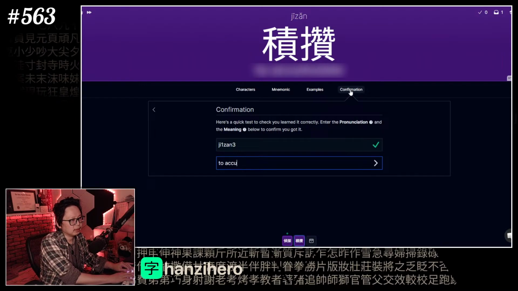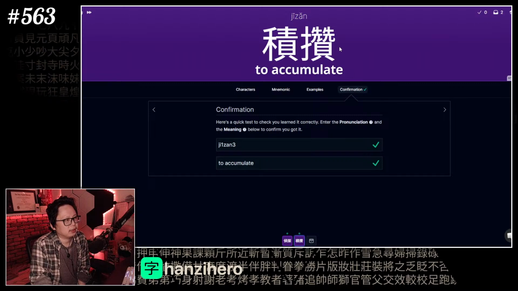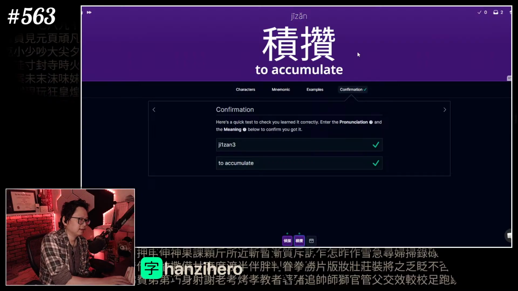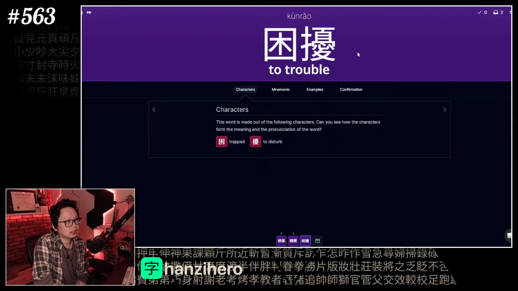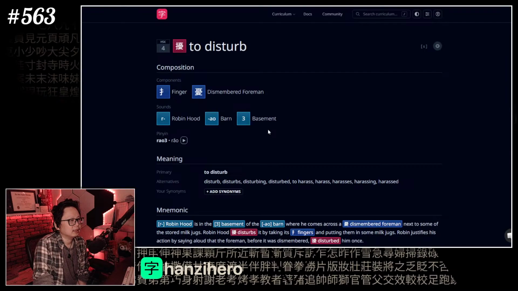积攒、 Usually the translation's fine. Like the characters themselves mean what they mean. Now it's more about knowing the reads. 困扰、 Kun is to be entrapped, and then Ra, to disturb. What does that work? That's a dismembered foreman?